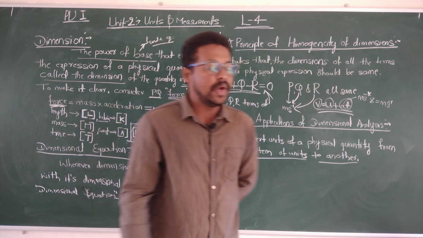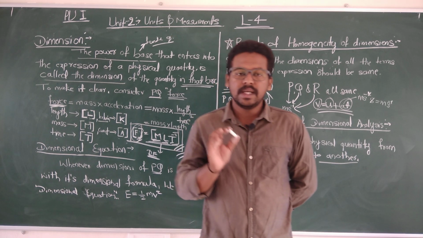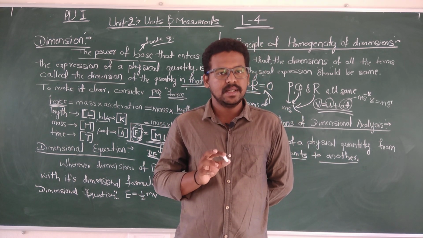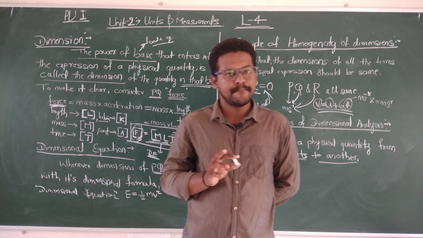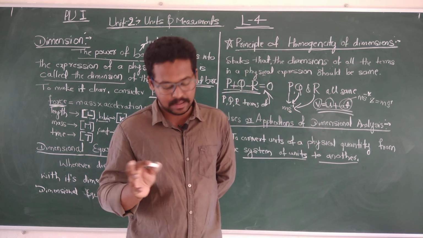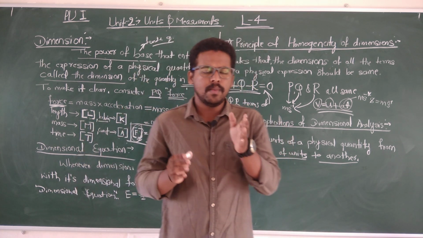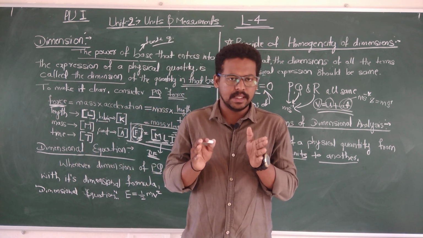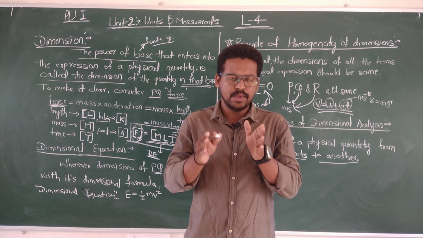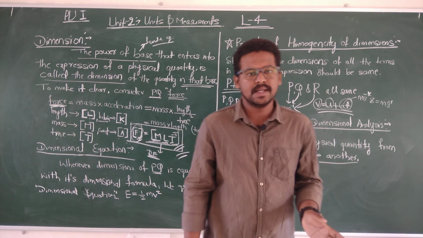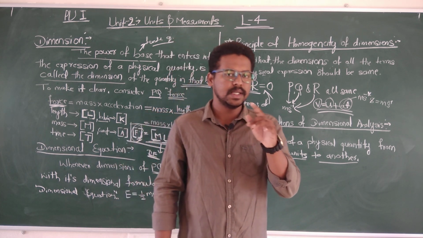We have already seen that there are 4 systems of units: CGS, FPS, MKS and the SI unit. So we convert the units of one system to the units of the other system. We already saw that their units are different.